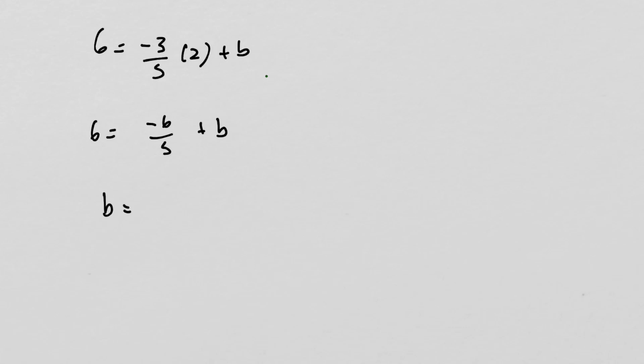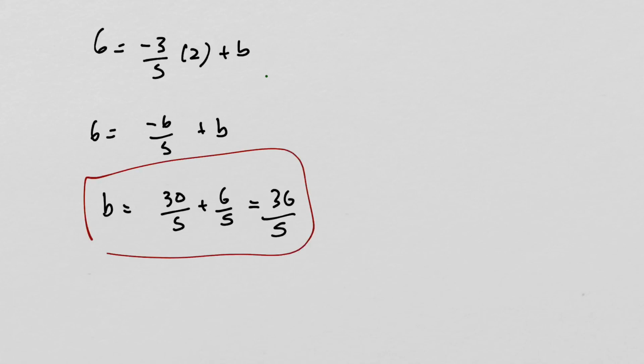Solving for b, we get that this is equal to 30/5 plus 6/5, which is 36/5. So we found our y-intercept, and we can plug this into the perpendicular equation that we found in an earlier step, and we see that y is equal to negative 3/5 x plus 36/5.